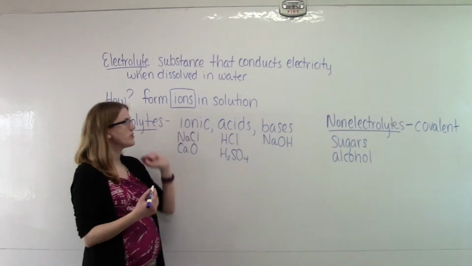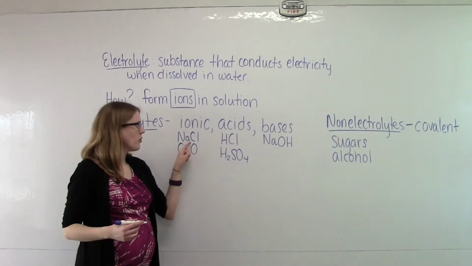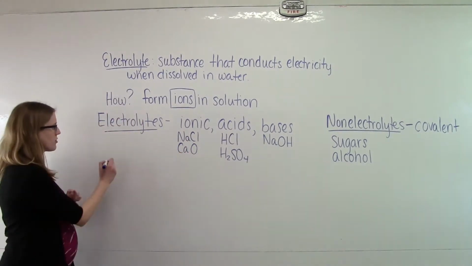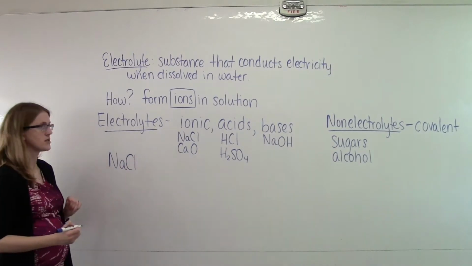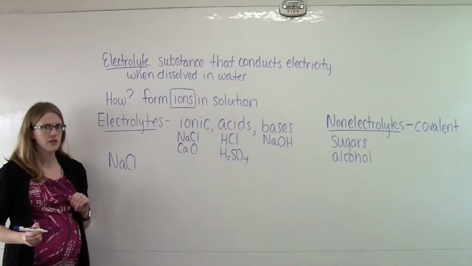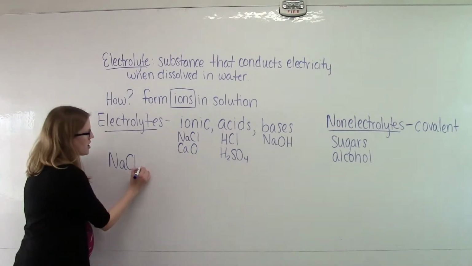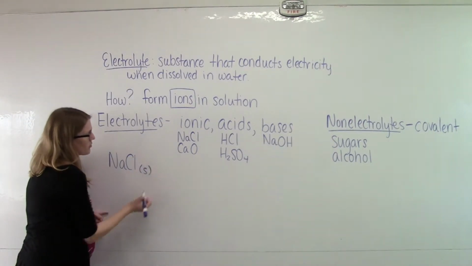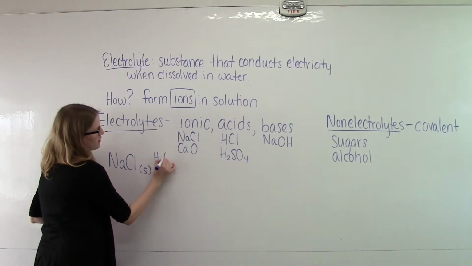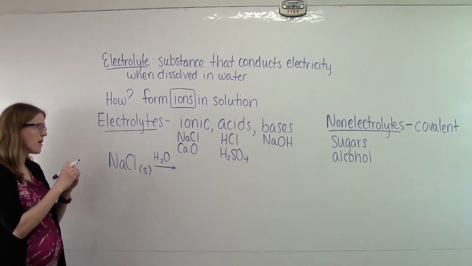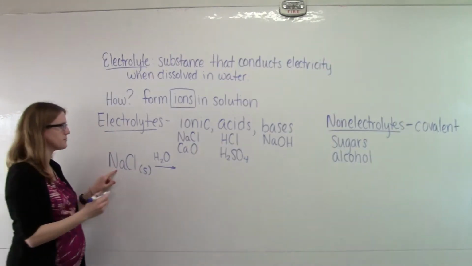Now, I told you that they form ions in solution. Let's see what I mean. I'm going to show you what sodium chloride does when in solution. If you remember our reactions unit, we've done this before, in our net and complete ionic equations. We take solid sodium chloride and put it in water, and it splits apart into its ions.